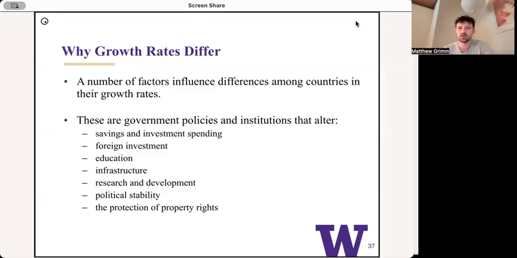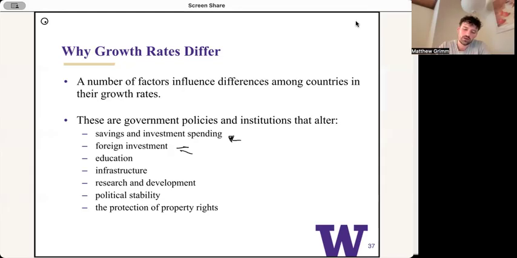I can touch on a few of these. If you have a lot of people saving and investing, that can lead to a lot of investment into capital, which can be a good thing. Alternatively, it can mean that people are saving instead of buying your good, which means you want to produce less.